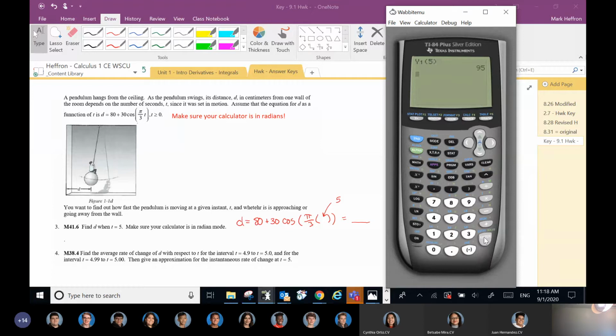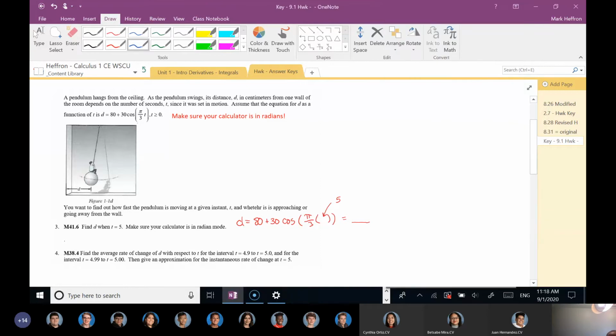Sure enough, what does that 95 represent? Patton, what does that 95 represent?